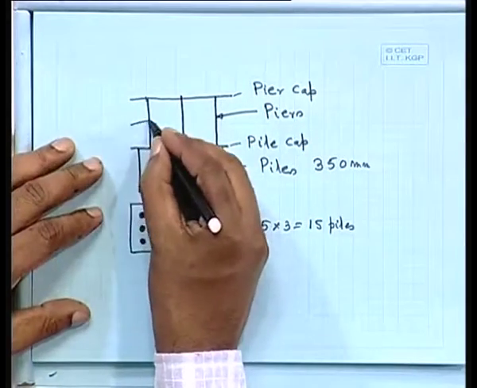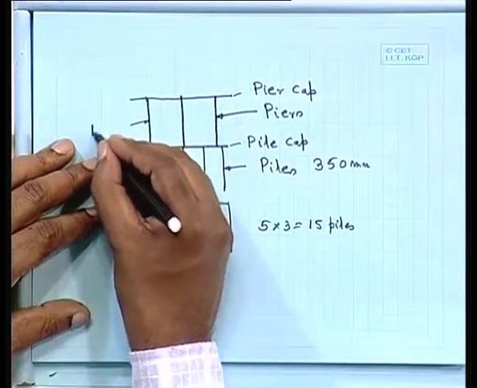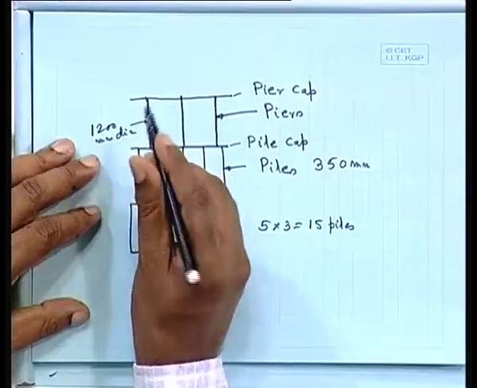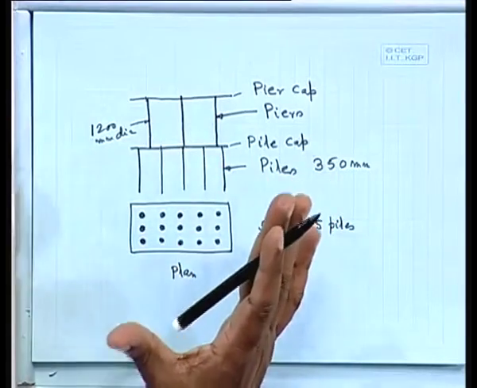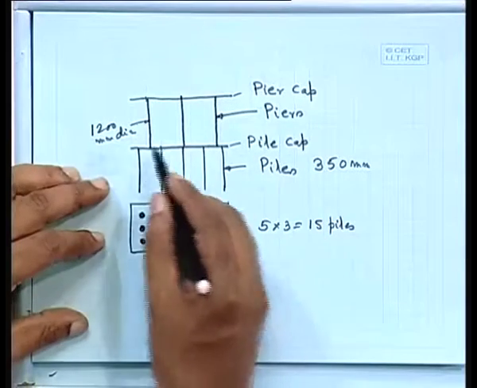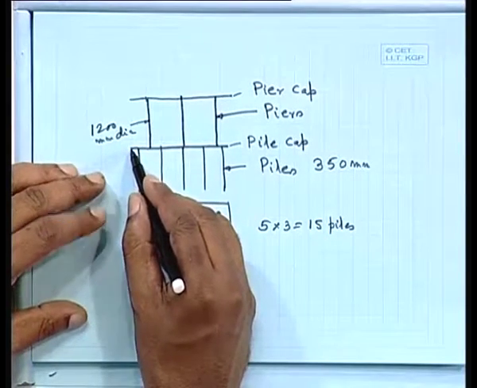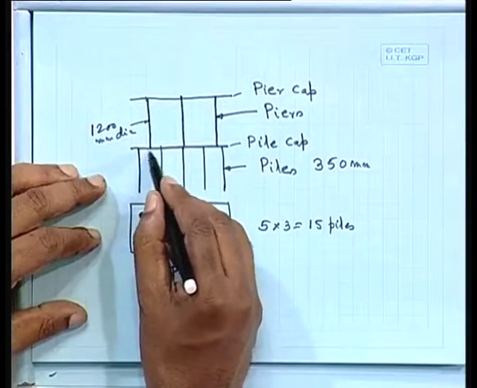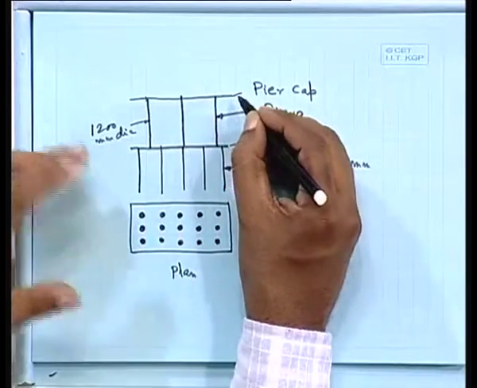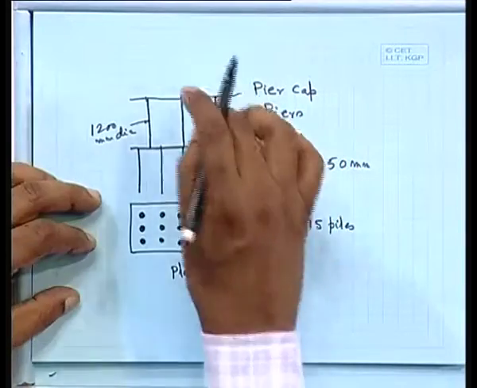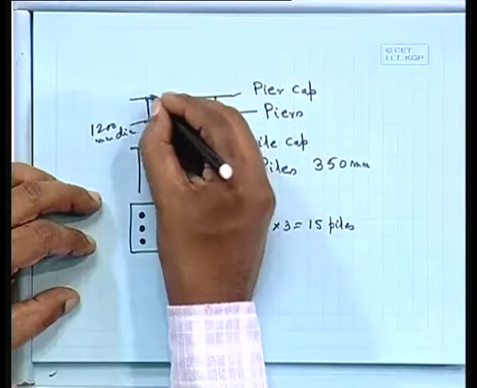What could be the dimension of this one? It may happen that the piers are 1200 millimeter diameter, 1500 millimeter diameter, each of them, because I just want to give you certain dimensions. This one can come as 1000 millimeter or 800 millimeter depth, and the pier cap can come at 1000 millimeter depth, and over that the bridge deck will come.